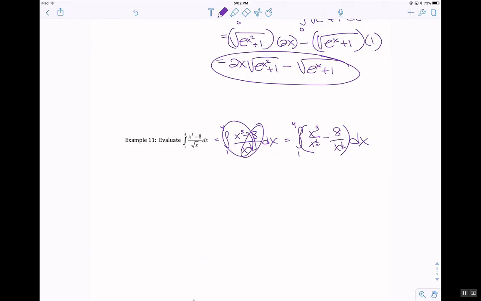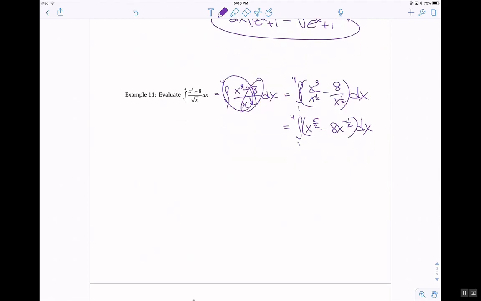So 3 minus 1/2 is 2.5, which is 5/2. So this is the antiderivative from 1 to 4 of x to the 5/2 minus 8x to the negative 1/2 dx. So then I get the antiderivative of x to the 5/2, so 2/7 x to the 7/2 minus 8 times 2x to the 1/2. And I'm evaluating this from 1 to 4.